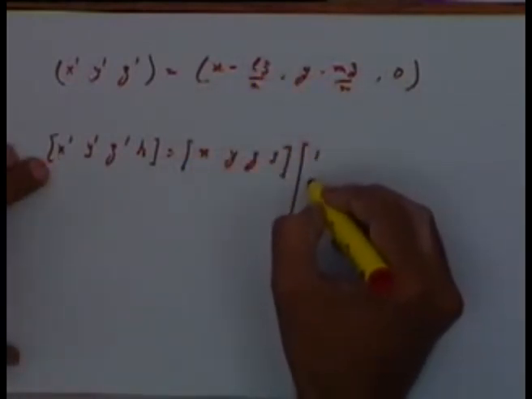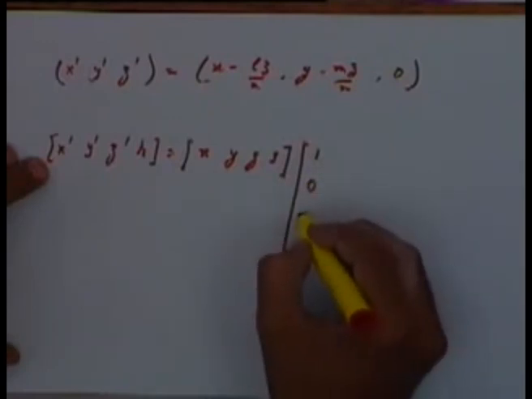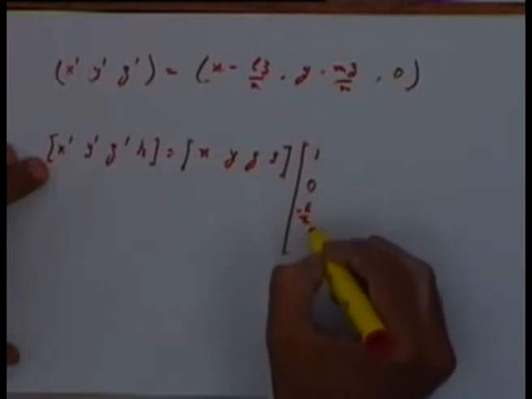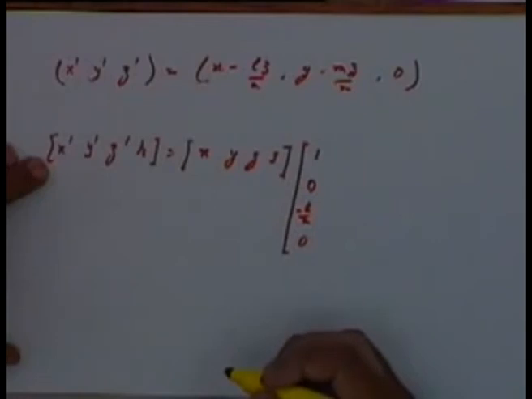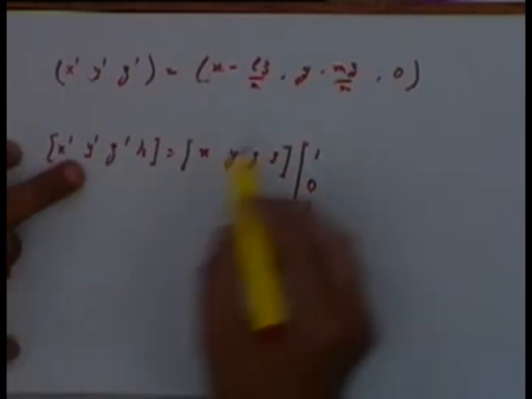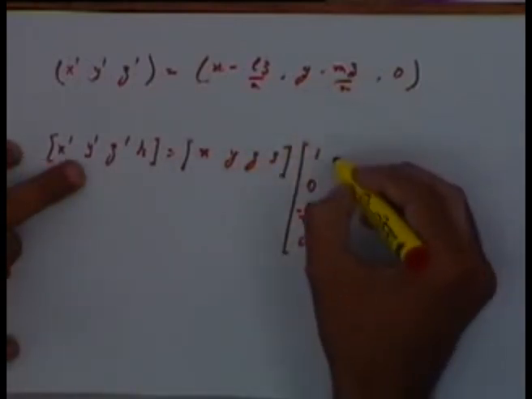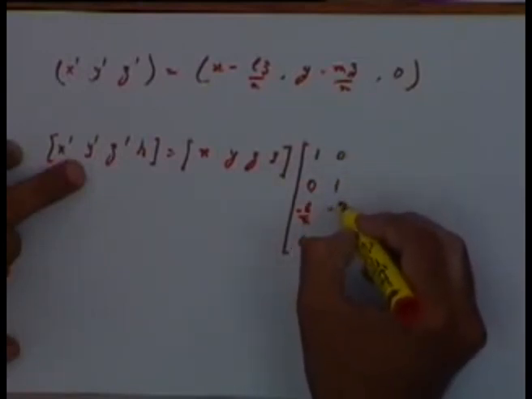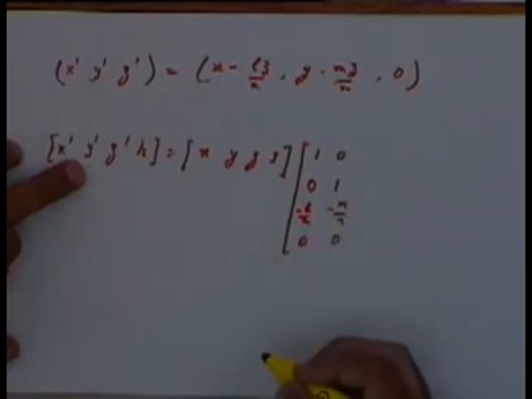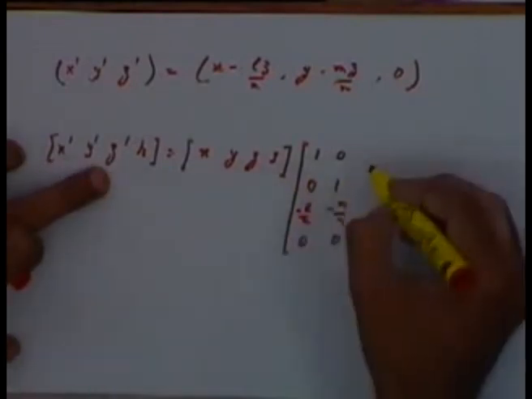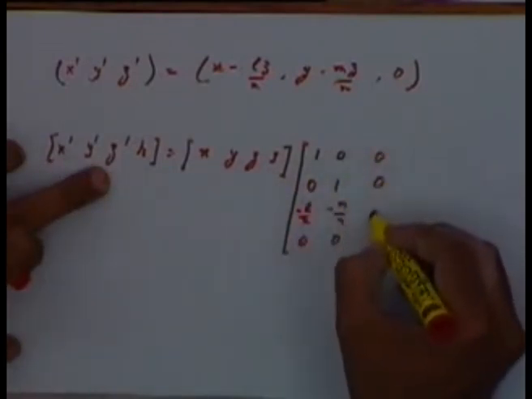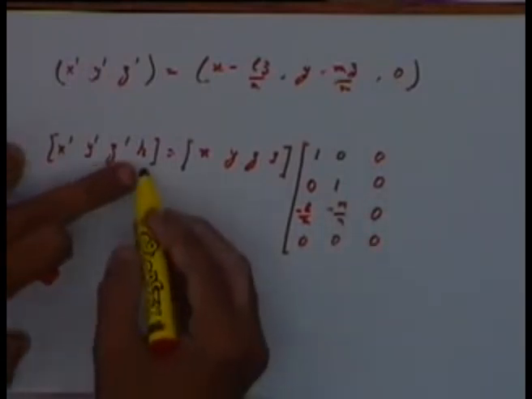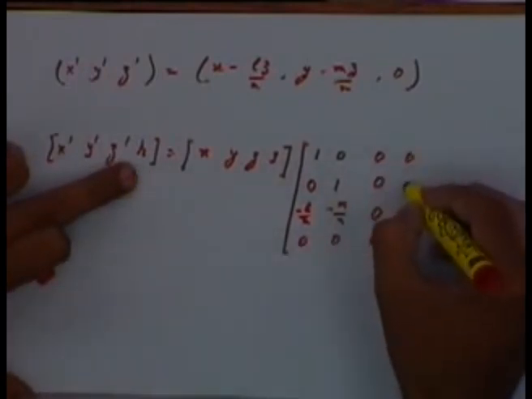So x will have a 1, there is no term of y, and z will have minus L by n. Similarly, y prime is y minus mz by n, no term of x, this would be 1, this will be minus m by n, and this would be 0. And z prime is 0, and the homogeneous coordinate h should turn out to be 1.